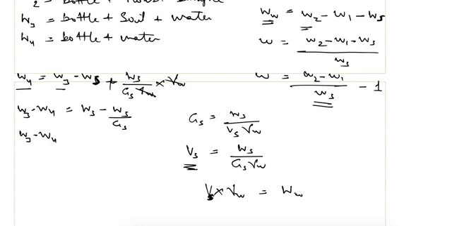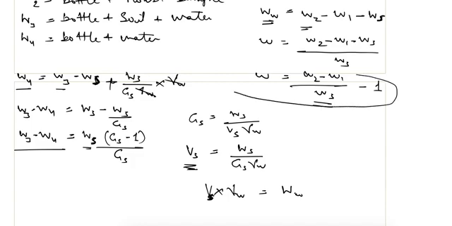W3 minus W4 is equal to Ws Gs minus 1 upon Gs, and the value of Ws we calculate from here and we put it in this equation.